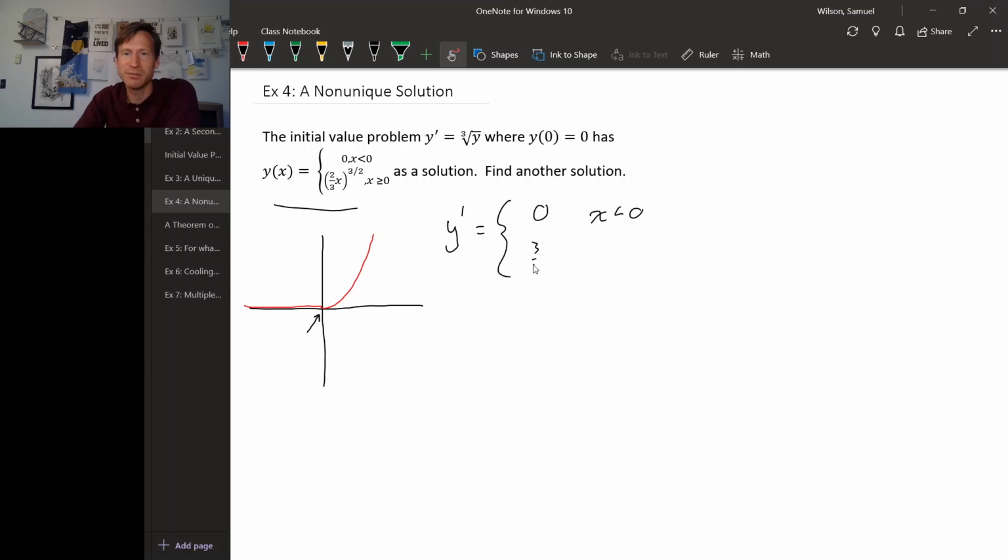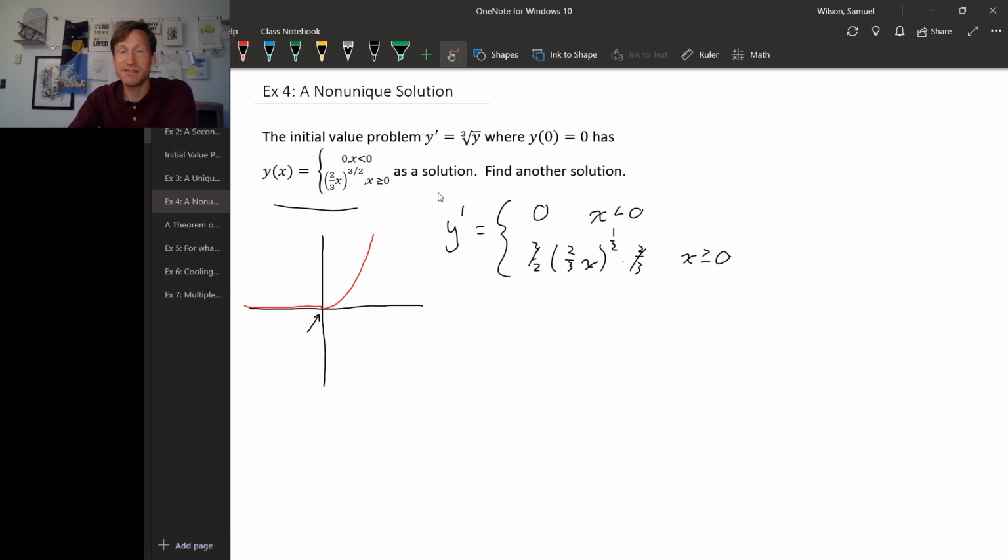So the power comes down, 3/2 times (2/3 x) to the 1/2. And then the chain rule spits out the 2/3 here. The 2/3 cancels that. And that's when x is greater than or equal to 0. So (2/3 x) to the 1/2 when x is greater than or equal to 0.